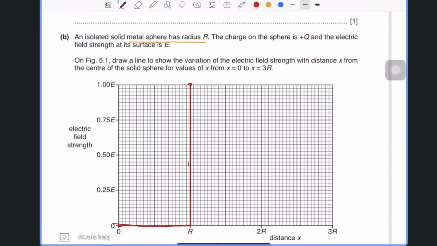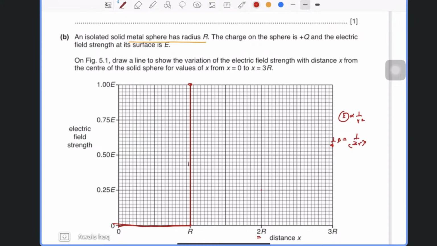So electric field strength is proportional to 1 upon r square. So at 2r, the electric field strength will be a quarter, which would mean 0.25.